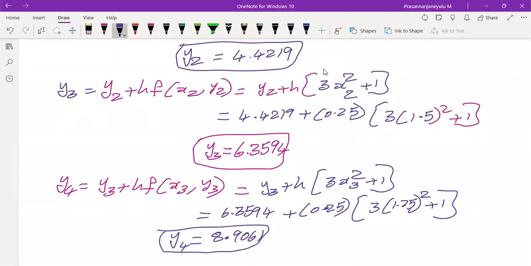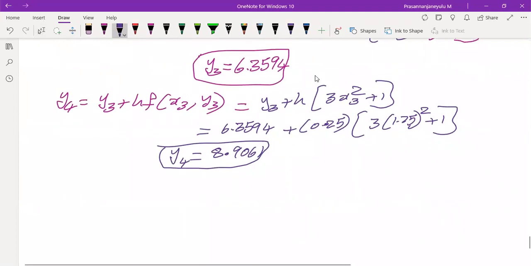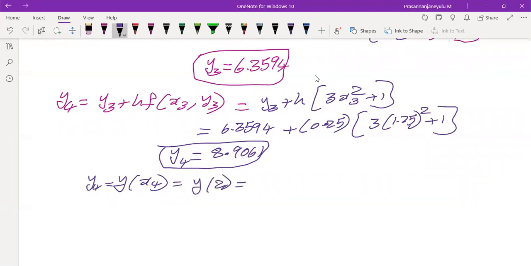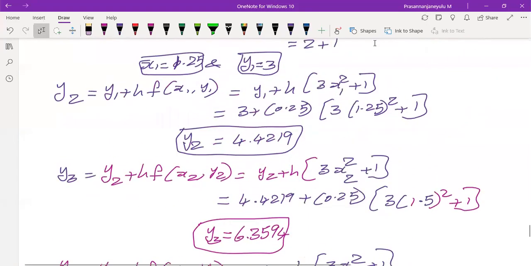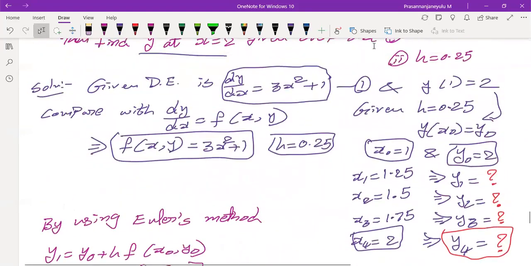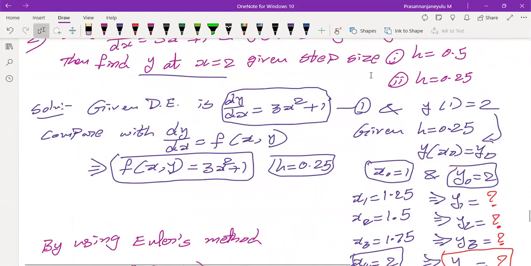So y4 is nothing but y of x4. y4 equals y of x4, where x4 value is 2. y of 2 value is 8.9061. So we completed finding our values by using case 2. What is case 2, as I mentioned here? H equals 0.25. In the same manner, you complete the problem with the other H value.